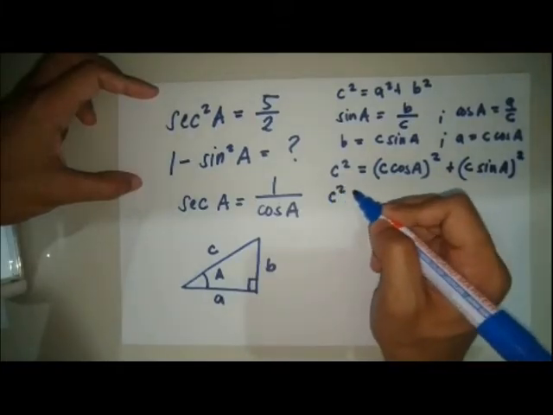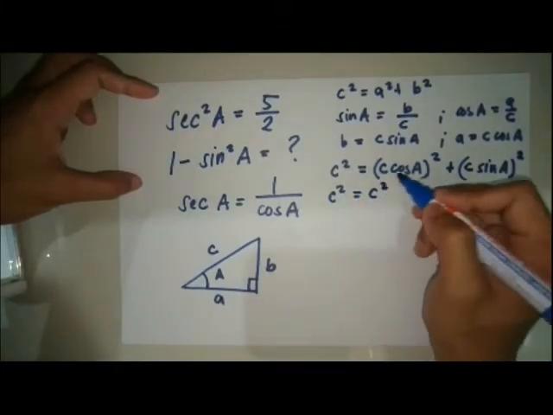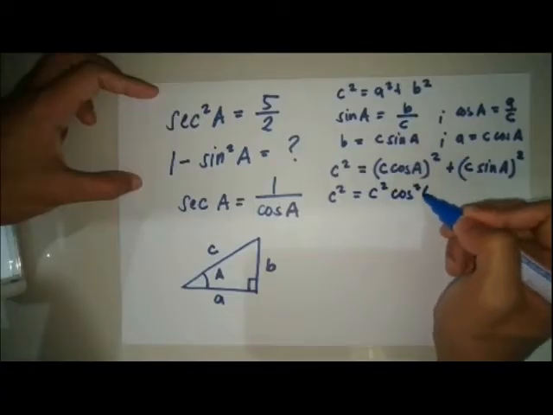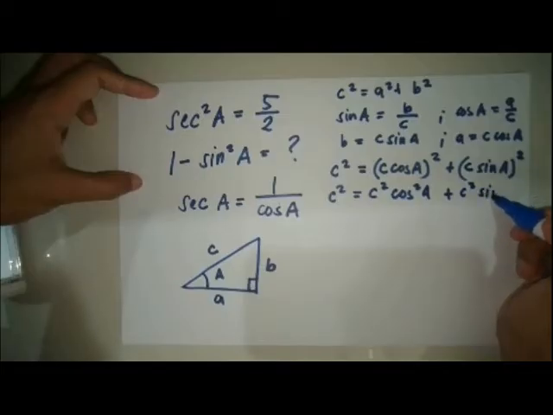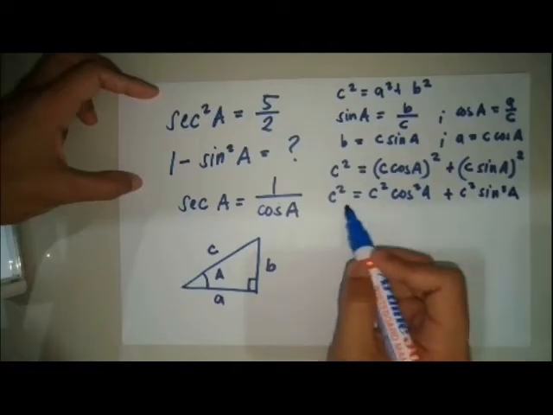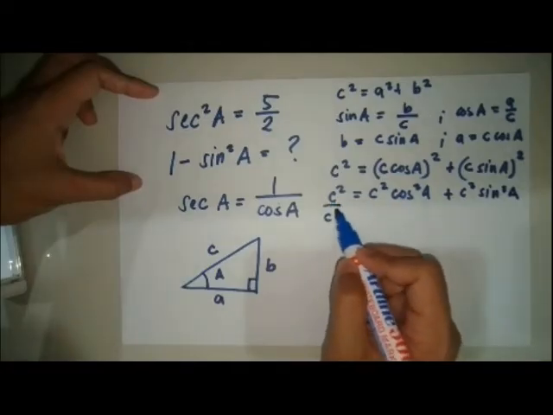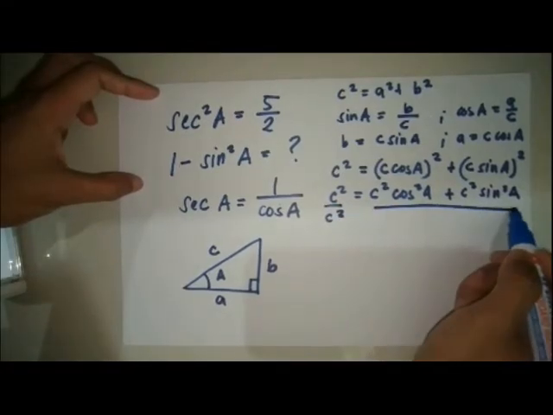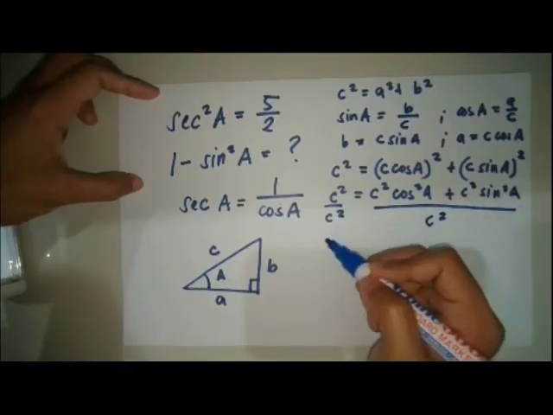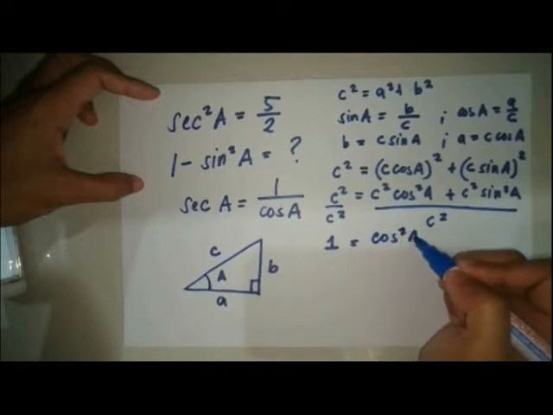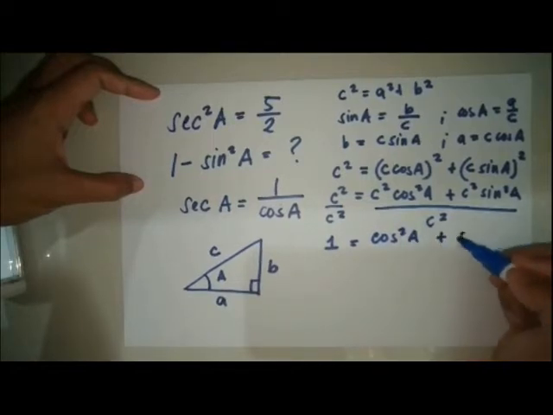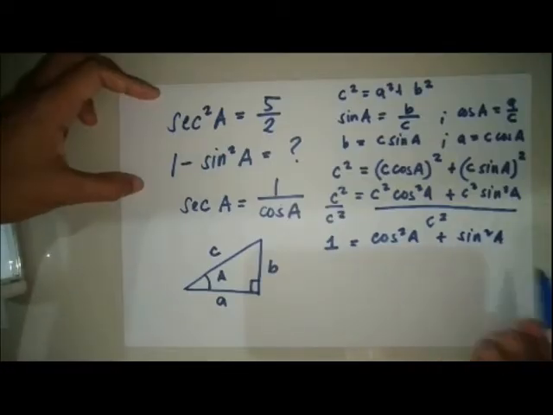So we have C squared is equal to C squared cosine squared A plus C squared sine squared A. So C squared is common, so we can divide both sides by C squared. So this is 1 is equal to cosine squared A plus sine squared A.